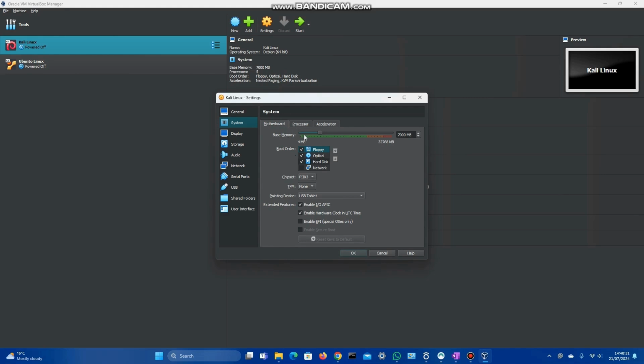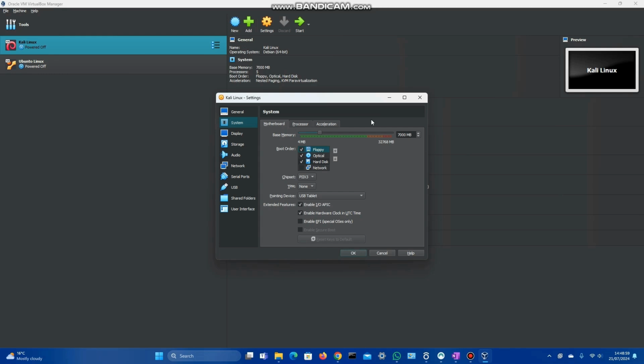So on our motherboard, I have allocated 7,000 megabytes, that's 7 gigabytes of memory to this virtual machine. 7 gigabytes out of the 32 that I actually have on my physical machine. So when I built this computer, I put in 32 gigabytes of RAM, but when I set up my virtual machine, I allocated 7 gigabytes.